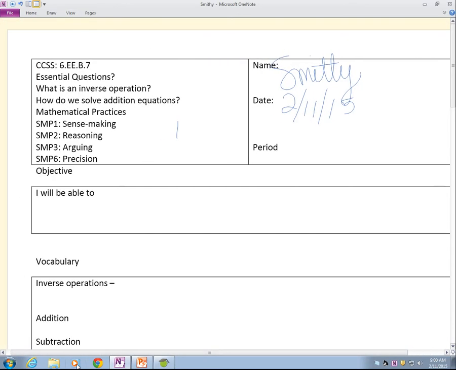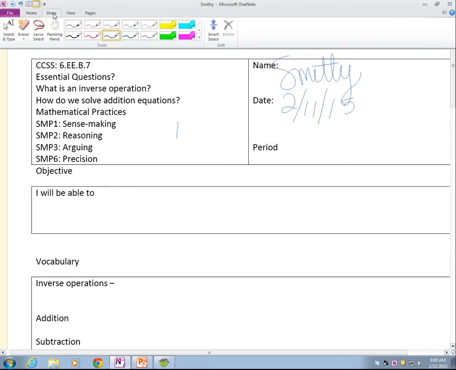Okay. So here's what we're doing with this one. We're continuing with solving equations. We're going to be solving equations in the form of x plus p equals q, and also px equals q, for cases where p, q, and x are all different.